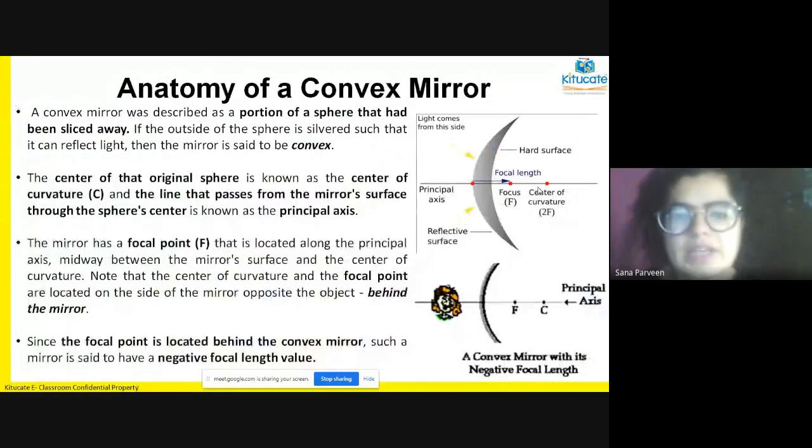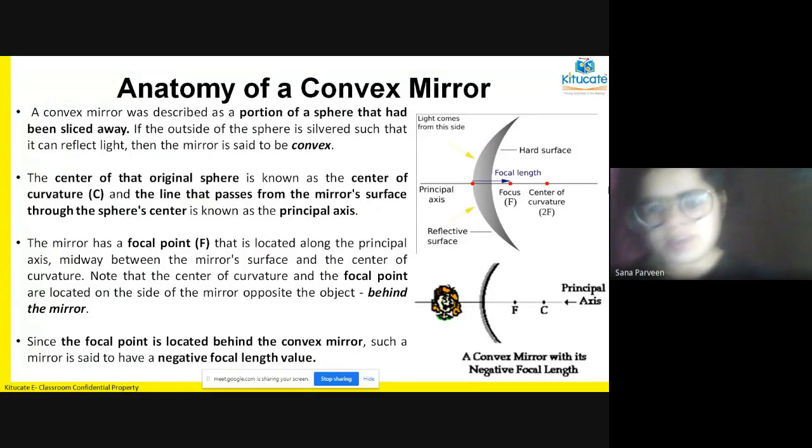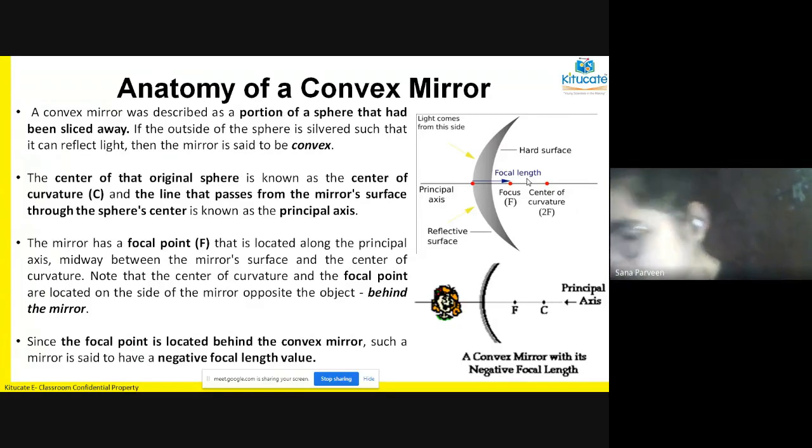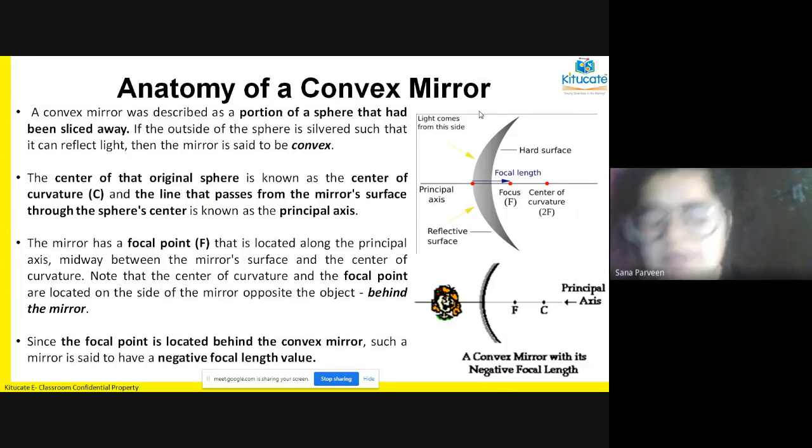Yes. So anatomy of convex mirror, we see the convex mirror here. If you see in the diagram, again you take a cut portion out of any spherical surface, and now the reflecting surface is going to be the surface which is bulging out.